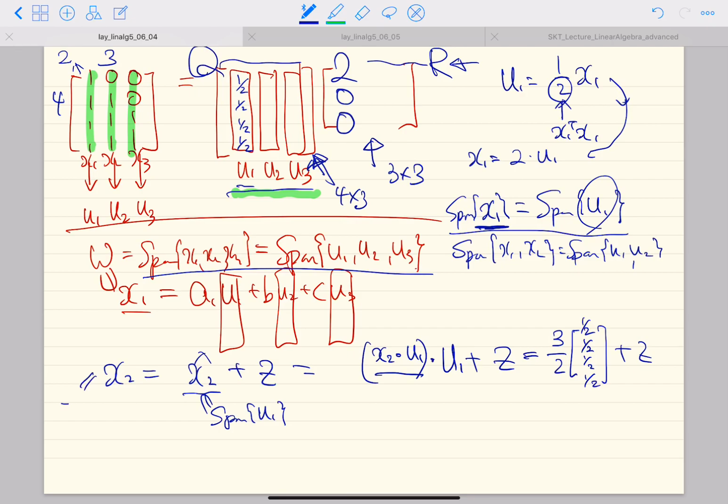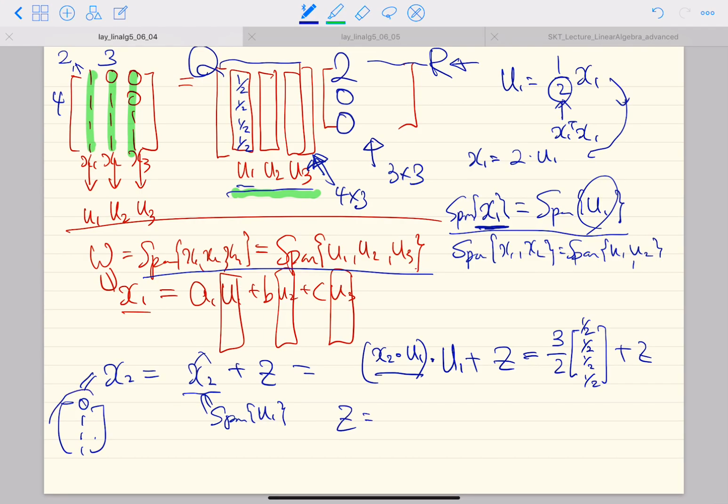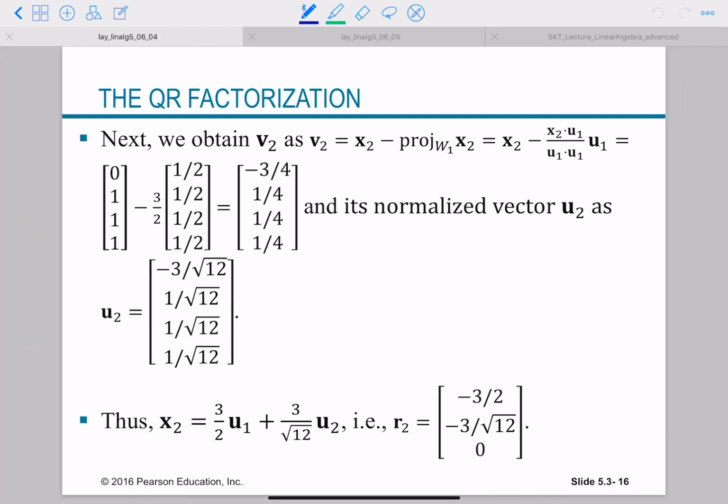So x2 is this guy, 0, 1, 1, 1, and we can obtain z by subtracting this from this, right? Okay, this is our z, the orthogonal component.